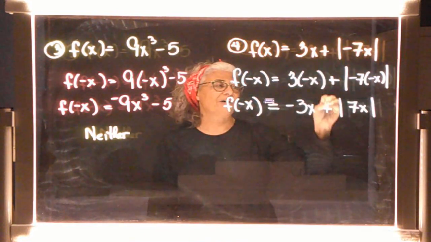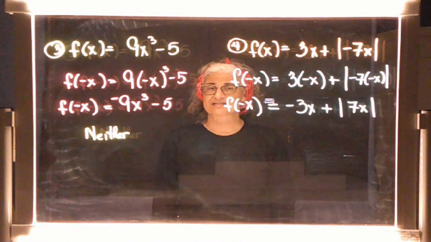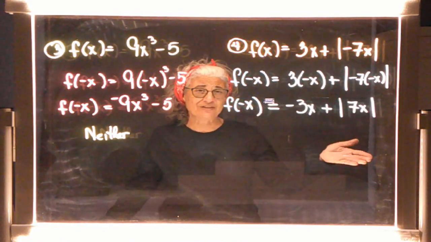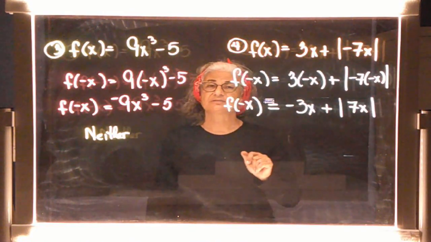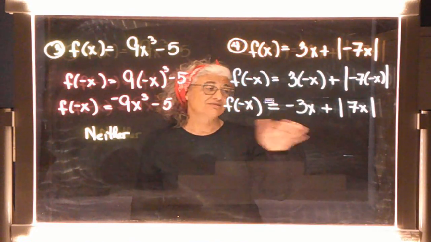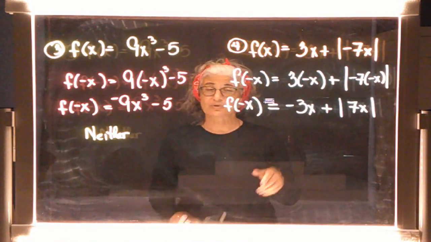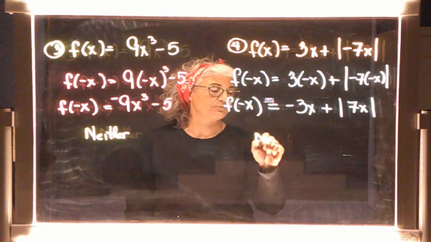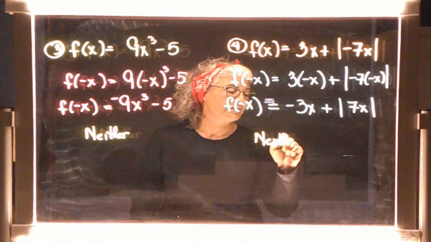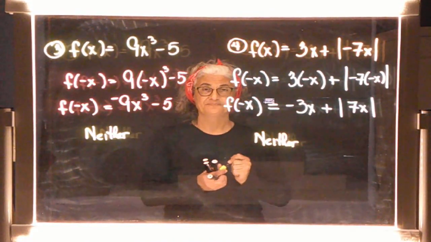And with a positive out front, it's not changing, is it? So is this an even function? Nope. So no y-axis symmetry. Is this an odd function? Nope. So no origin symmetry. This one, again, just like the last one, represents neither even nor odd.